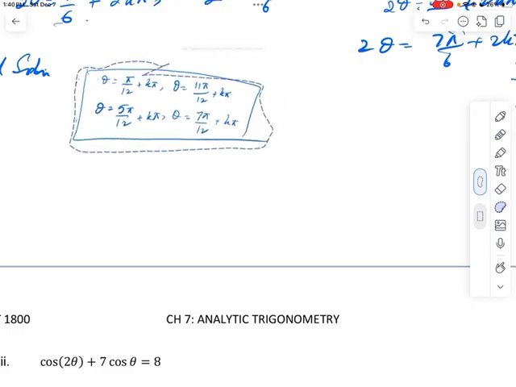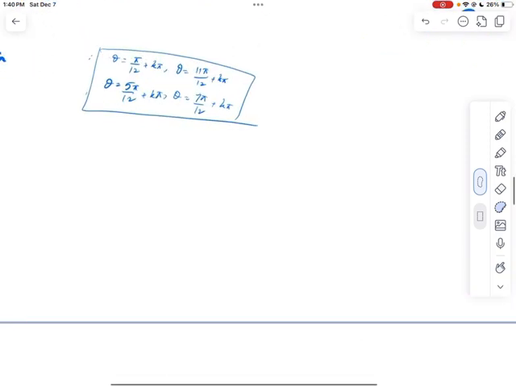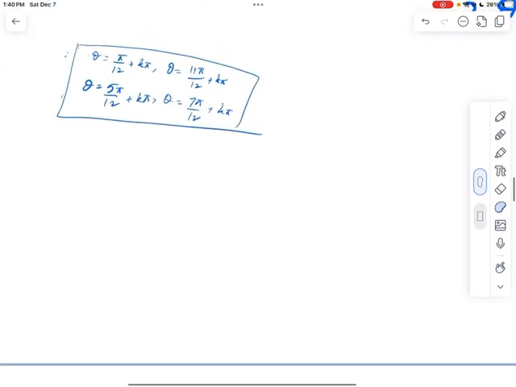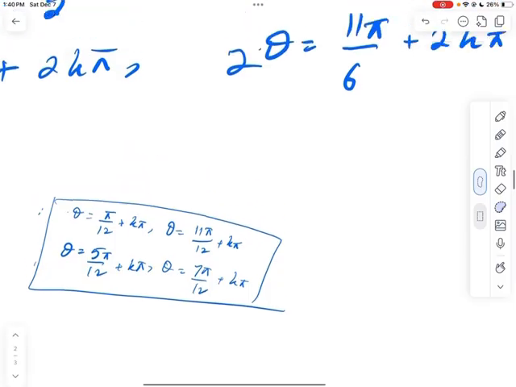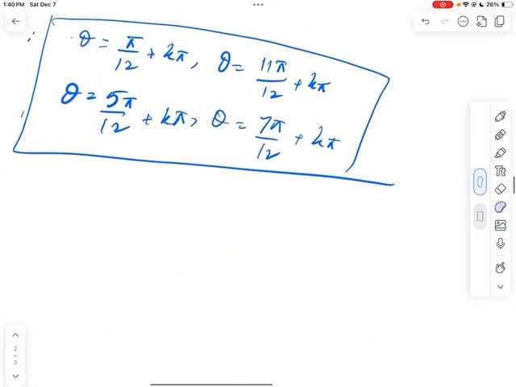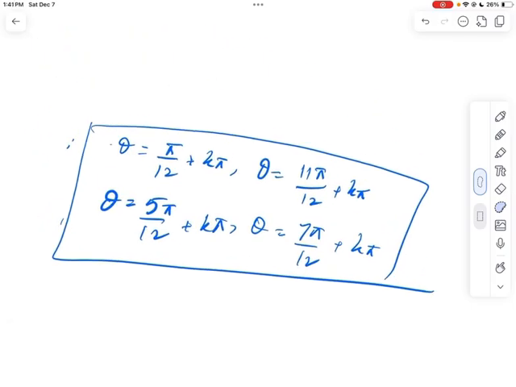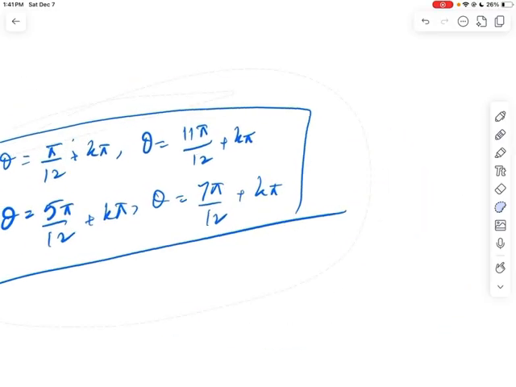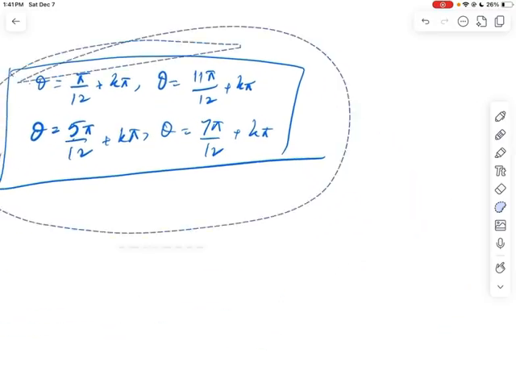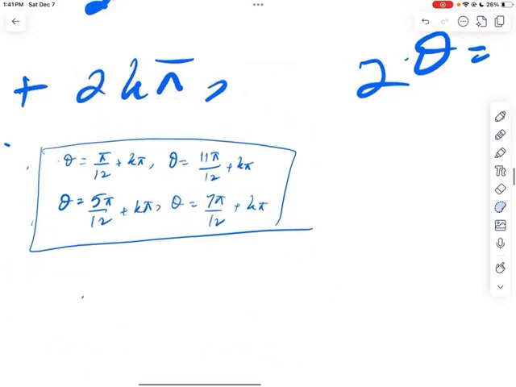Okay, let me make it a little smaller so that it fits. Now I will be writing the primary solutions.